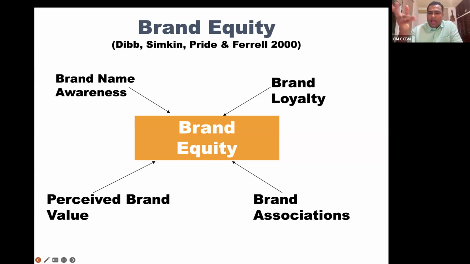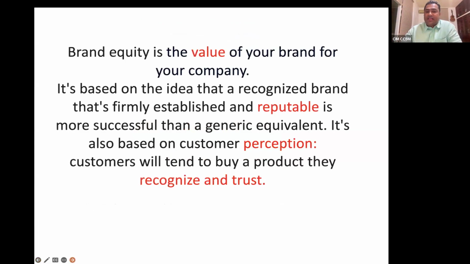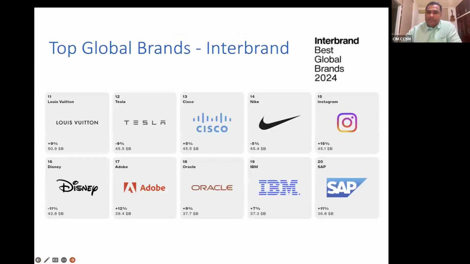If you look at Coca-Cola, Apple, everyone knows those brands, Google. The loyalty of the brand, the perceived value of the brand, and the associations that the brand stands for. So if you increase these 4, you will go up this ranking.